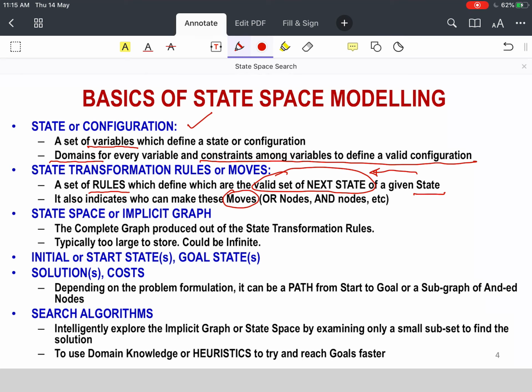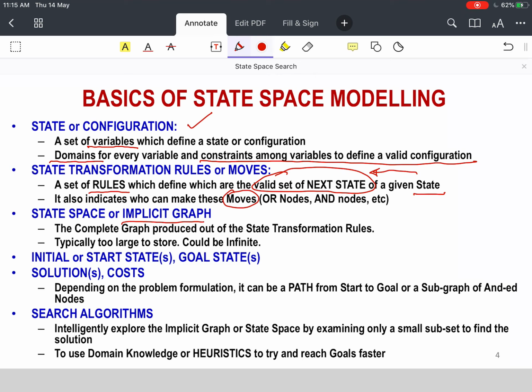The third concept which we have discussed is the state configuration definition and the state transformation rules, which are local rules defined at every state in a compact form. There is this large state space which is now implicitly defined by the state configuration definition and the state transformation rules.